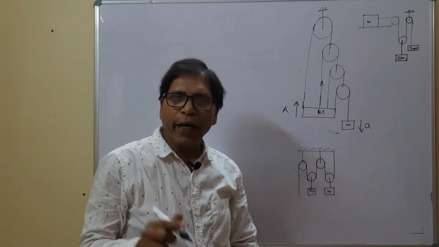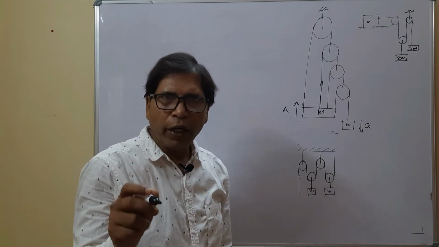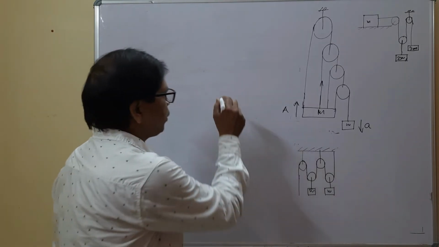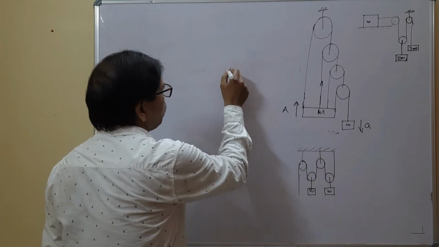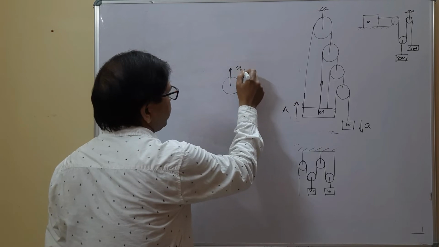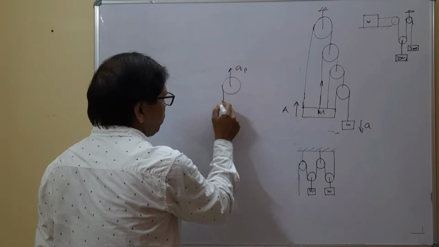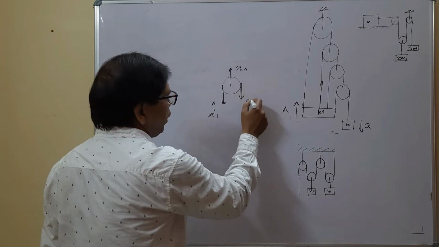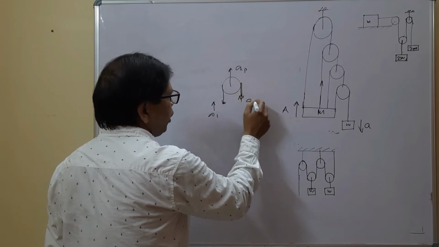Look at this, this is the fixed pulley and these are the movable pulleys. We know that the acceleration of a movable pulley is the average of the accelerations of its two ends. If this is the movable pulley, it moves upward along this direction with acceleration AP, the acceleration of this end is upward a1, and the acceleration of this end is a2 upward.